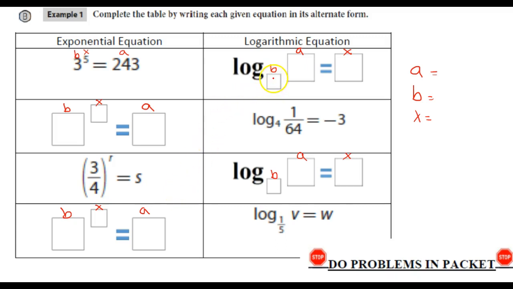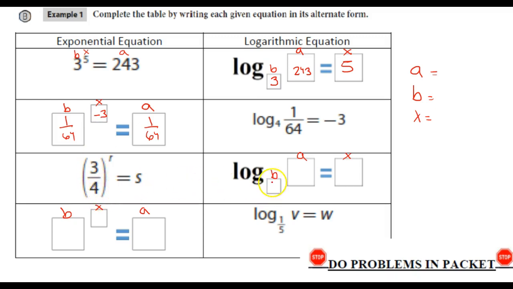Alright, so for this first one it should be 3, 243, and 5. For this one right here it should be 1 over 64, our a value, and our exponent.